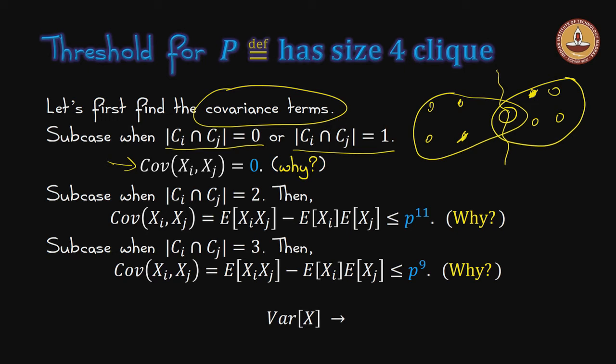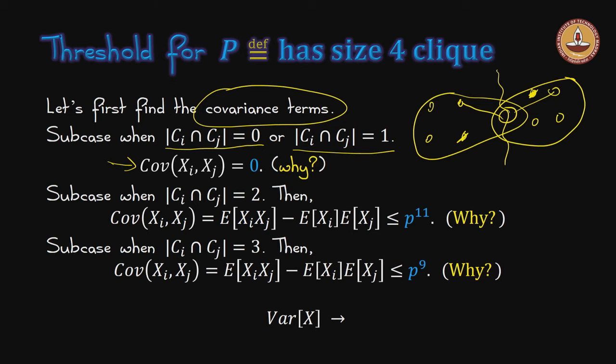And why are these still independent? Yeah, one vertex might be common, but the edges are all chosen independently. Whether this edge is chosen or not has no bearing on whether this edge is chosen or not. So, even though there is a common vertex, whether the cliques are formed or not are independent events. So, the covariance terms for those cases are 0.